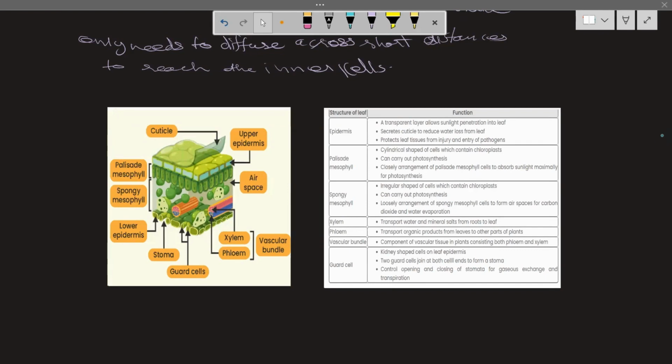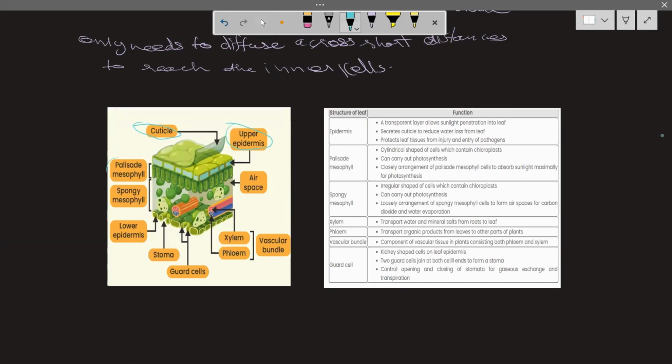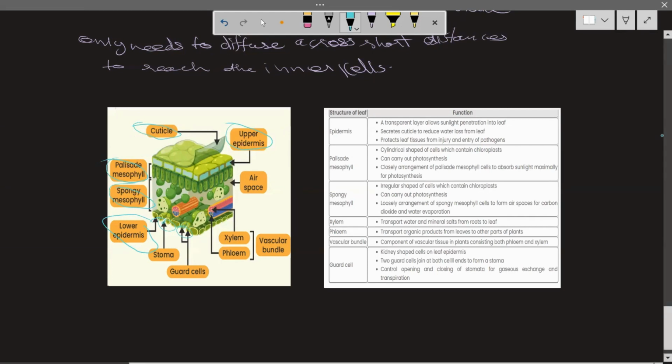In the leaf structure, there are parts such as the cuticle, epidermis, and palisade mesophyll. After the palisade mesophyll comes the spongy mesophyll, and after that the lower epidermis. In the lower epidermis there are stomata and guard cells. This opening is called a stomata, and these two are called guard cells.